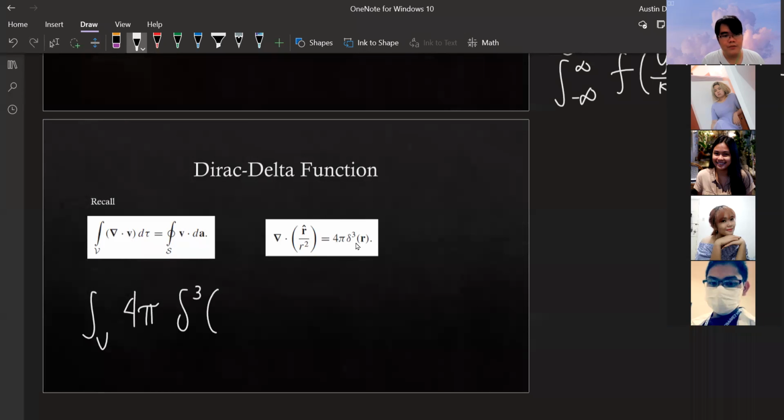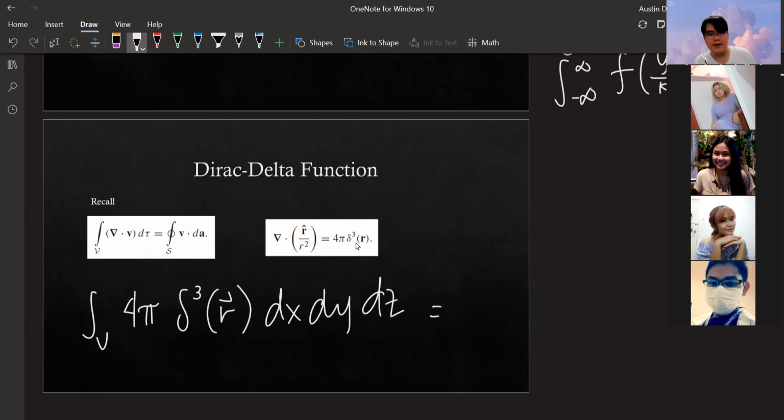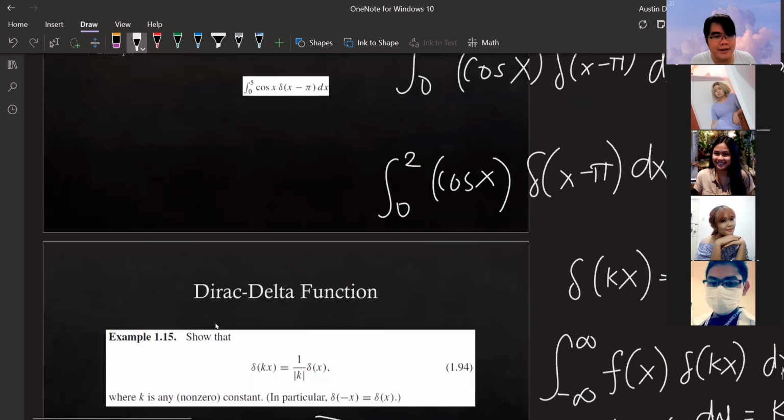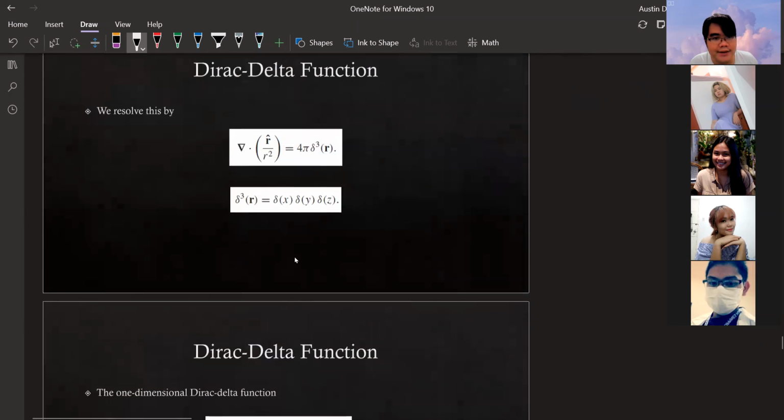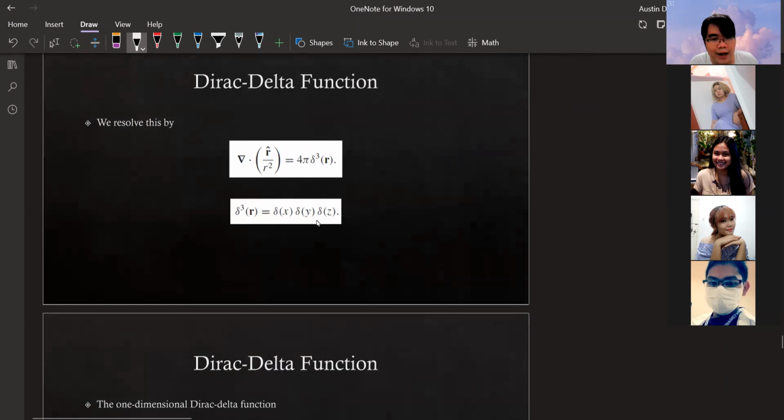This is cube, r hat, and then d tau ko is the volume. Now I can choose a coordinate system whatever I want. So gagawin ko na lang is Cartesian coordinates ako, then I'll write down the Dirac delta in Cartesian coordinate system. Okay? So dx, dy, dz. And then alalahanin natin na yung Dirac delta in three-dimensional is this guy. X, Y, and Z.